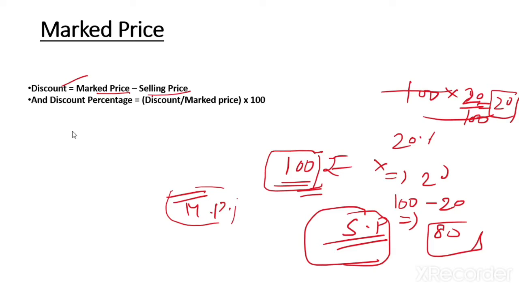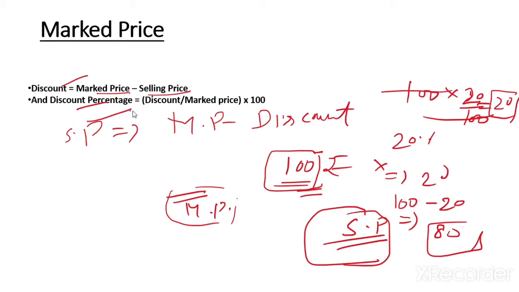If you want to find selling price, it will be mark price minus discount. And if you want to find discount percentage, it will be discount at MP into 100. MP is mark price.